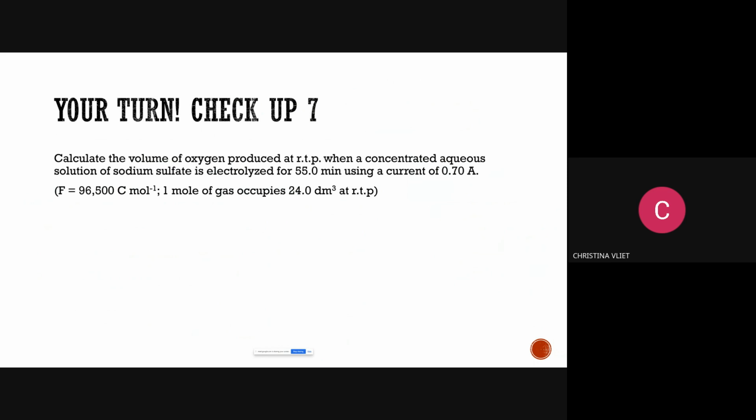Okay, so let's take a look and see where you might have made some mistakes. The first thing is, what's the proper equation for oxygen? This is the one that's OH minus going to O2, right? So you've got to have that equation down. How would we make that? Yeah, one H2O is correct.